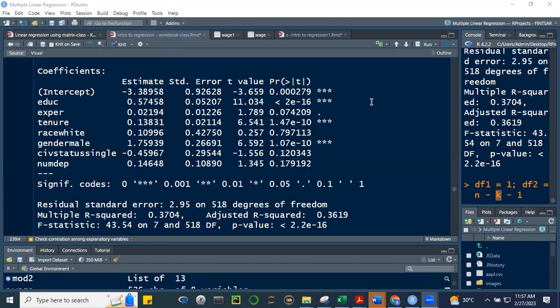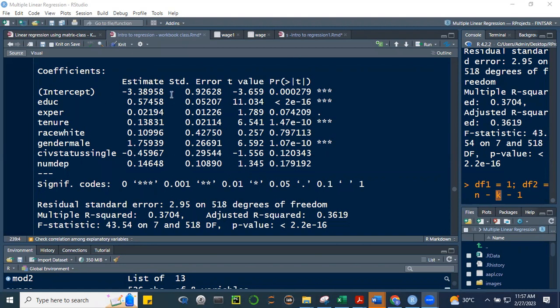The intercept is that value, average value of your hourly wage when all your predictors are equal to 0. We said that it's even statistically significant. Kahit nga hindi statistically significant, sinasama pa rin natin siya sa model. But in this case, statistically significant siya, so all the more kasama yan. But we said that we usually do not put so much emphasis or importance, physical interpretation to the intercept.